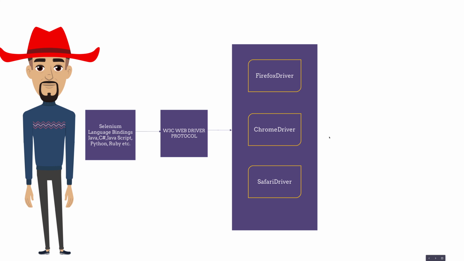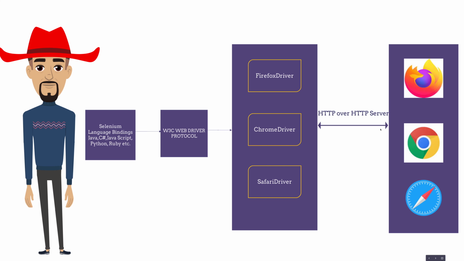The Firefox driver, Chrome driver, and Safari driver only interact with their corresponding real browser. Firefox driver will interact with your Firefox, Chrome driver will interact with your Chrome, and Safari driver will interact with your Safari browser.